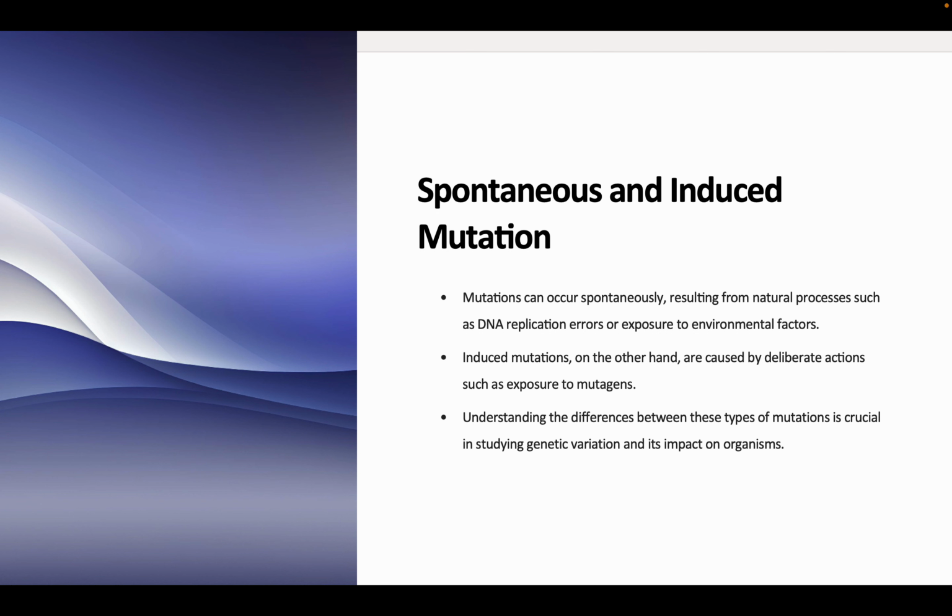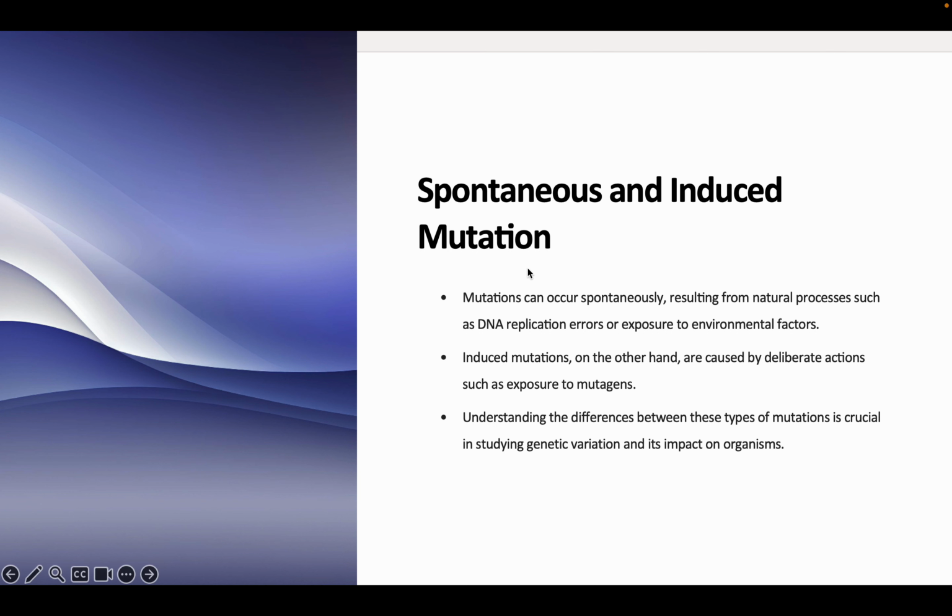So it is very important to understand how mutations occur, and this basically helps to identify the genetic variation and its impact on the organism. Because if we know that a mutation is occurring spontaneously because of natural processes, then this can help to identify the evolution of the organism and how different mutations can play a role in the future. So if it's advantageous, we can see why nature selected it.